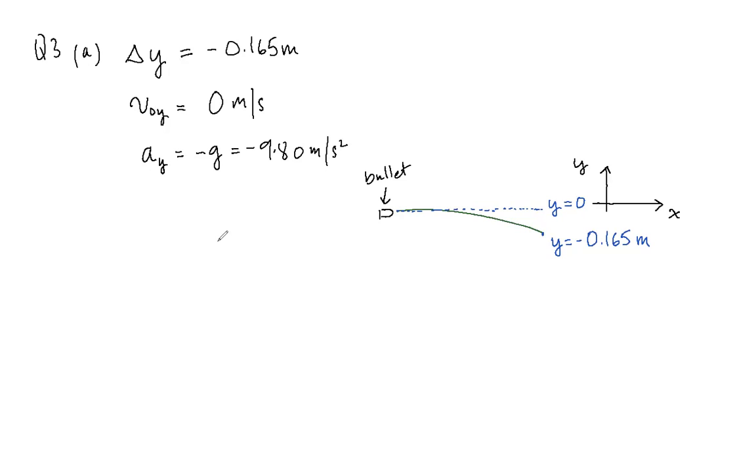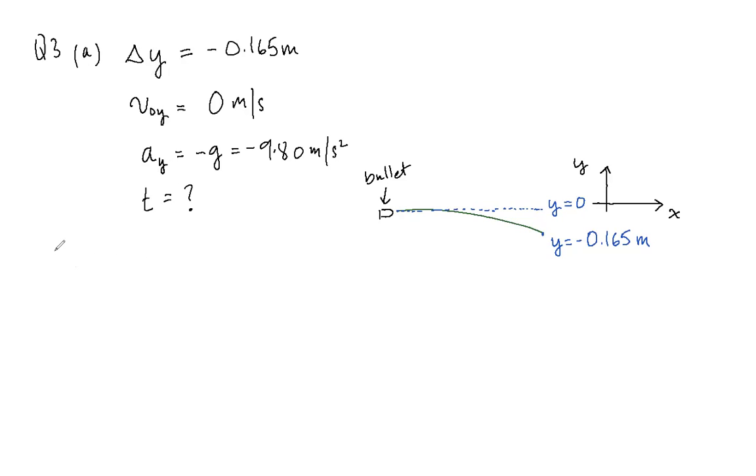And so which equation do we use? We can use one of the big five equations. We're being asked for the time, so we need the equation that has the delta y, the initial speed along y, the acceleration along y, and also the time, and we are going to solve for that.